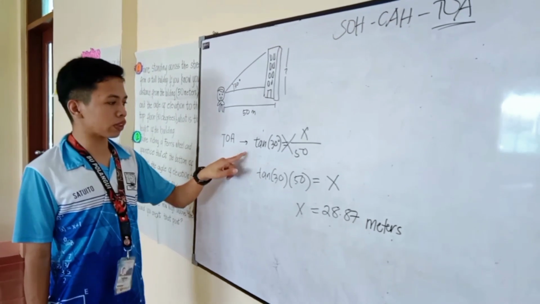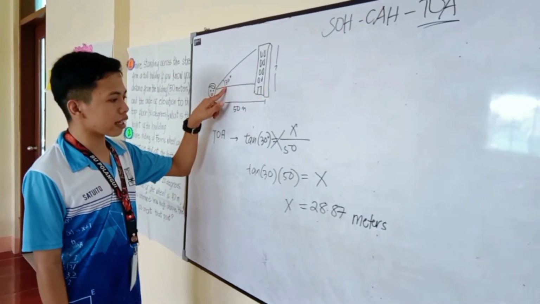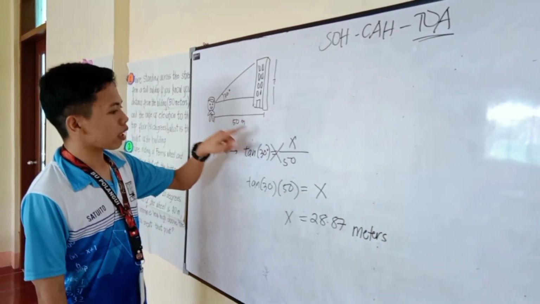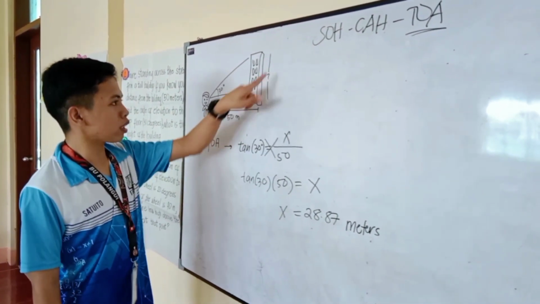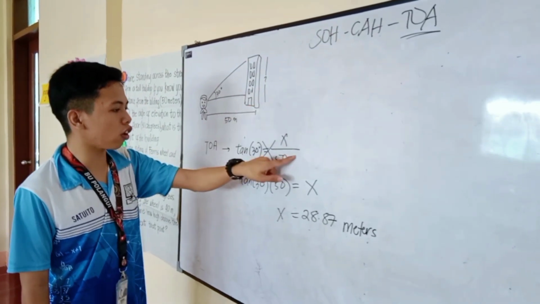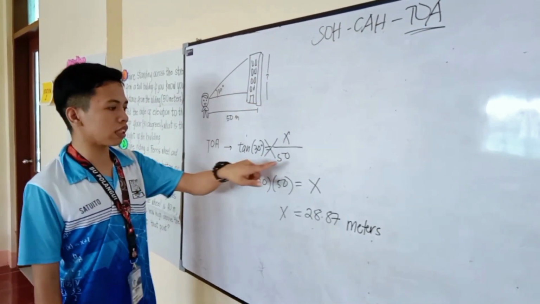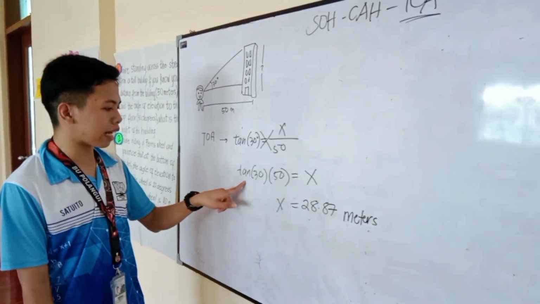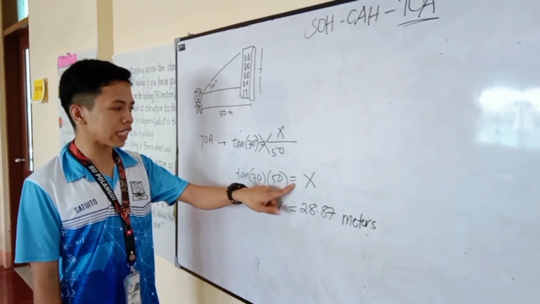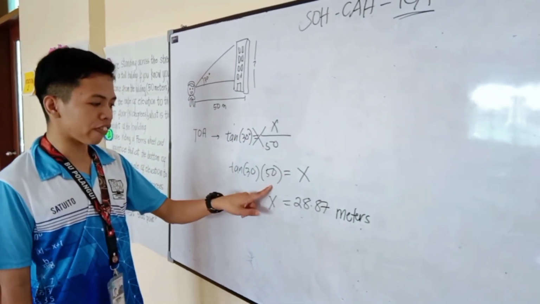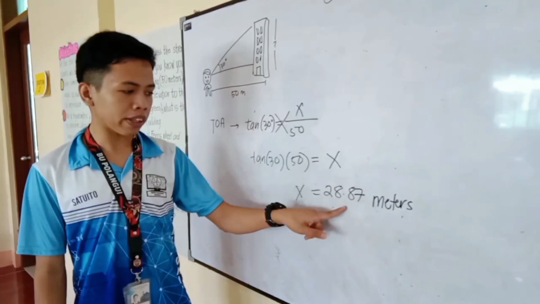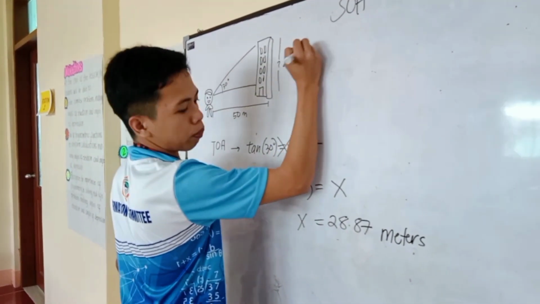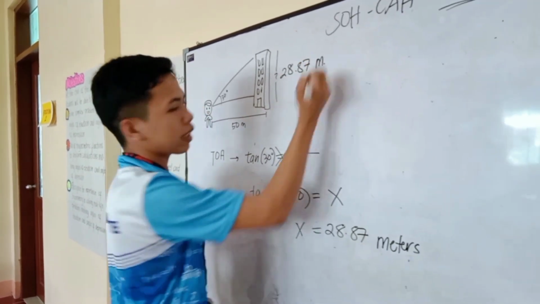So tan 30 degrees is equal to the opposite, which is unknown, all over the adjacent, which is 50. Using cross multiplication, we will have tan 30 times 50 is equal to x. So tan 30 times 50 is equal to 28.87 meters. So the height is 28.87 meters.